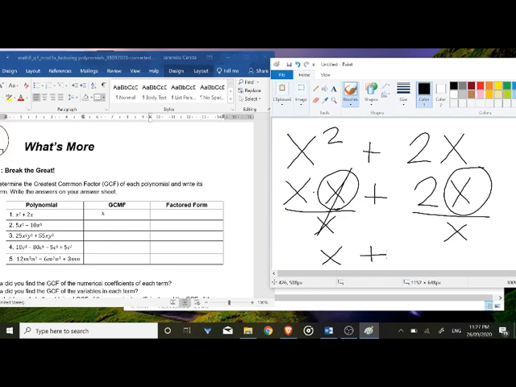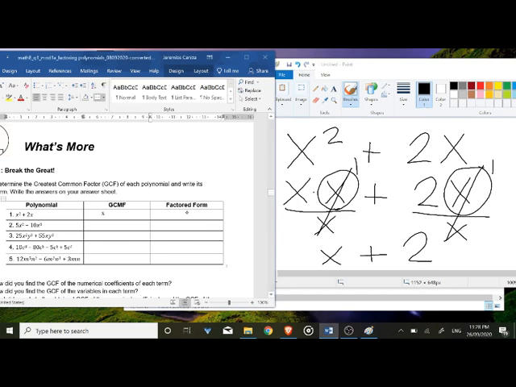Copy the addition sign, and then 2x divided by x, that's 2 kasi si x over x is 1, so magiging 1 na yan sila. So x plus 2. So ito na yung isang factor ng x squared plus 2x na polynomial.